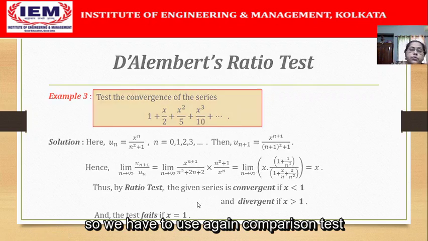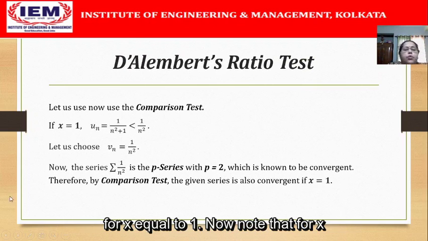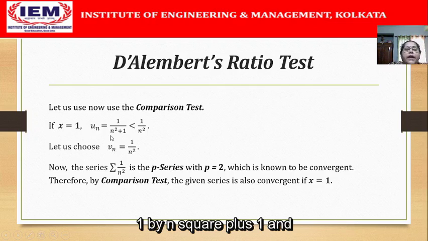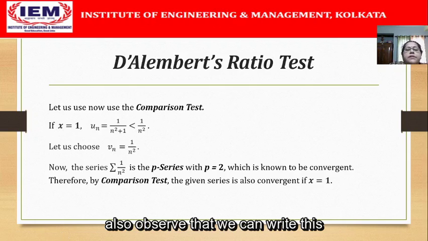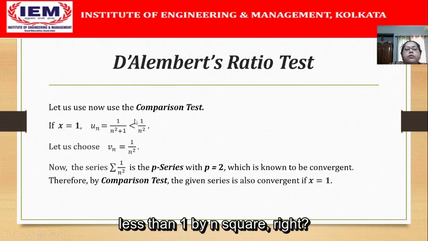So we have to use the comparison test again for x equal to 1. Now note that for x equal to 1, the un term is just 1 by n square plus 1. And also observe that 1 by n square plus 1 is obviously less than 1 by n square, right?